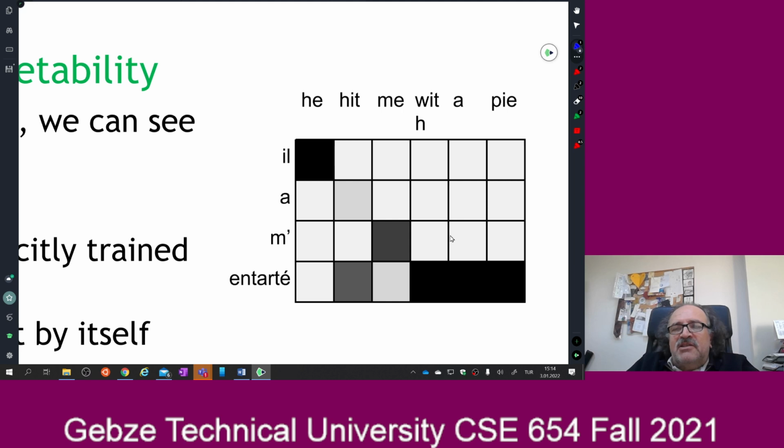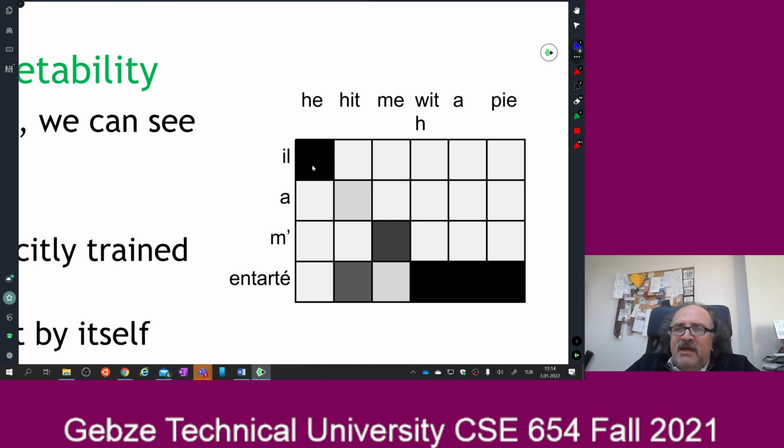This is automatically recovered. So when I am producing this "he", what part of the sentence I am paying attention to is automatically produced, without giving any explicit alignment during the training phase, and the alignment is done that way.